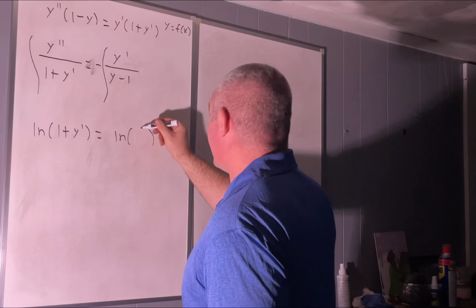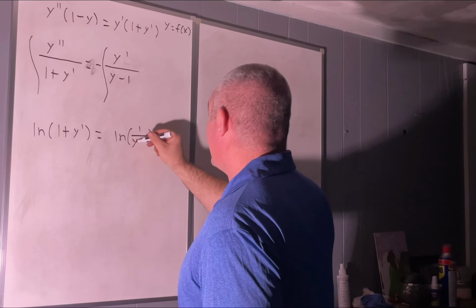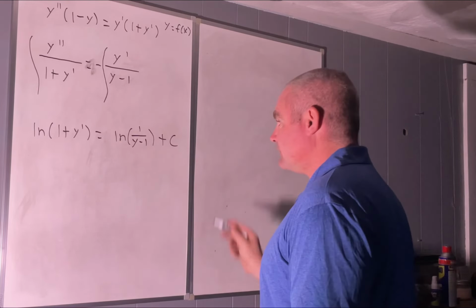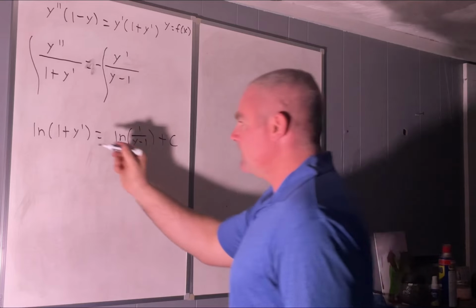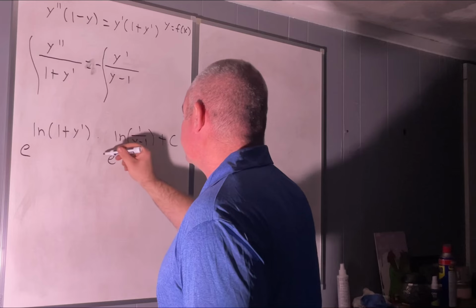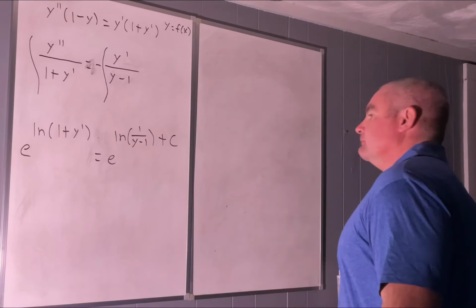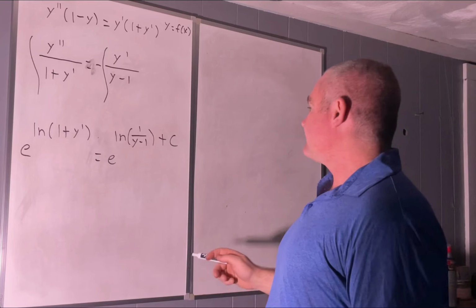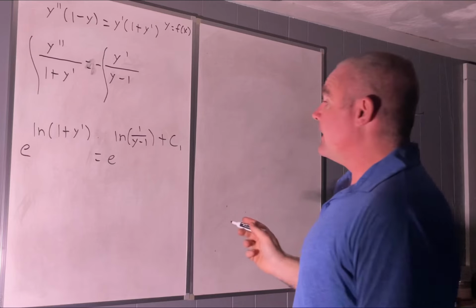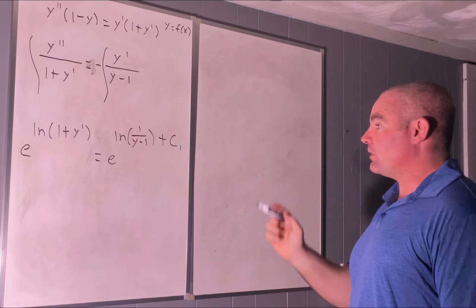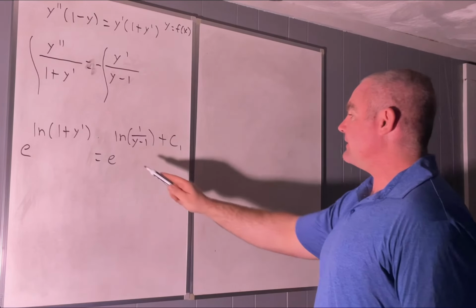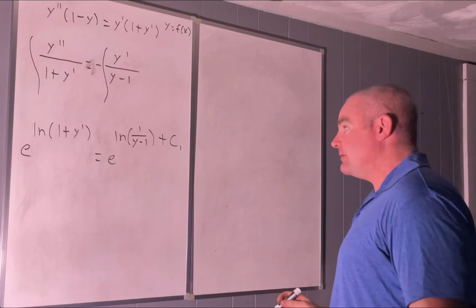So this will be natural log of 1 over y minus 1. Since this is true, then this is also true. I'm going to label this c1. And then we'll use the e to cancel the natural logs, but we will also have this constant factor of e to the c plus 1, which I will call C2.